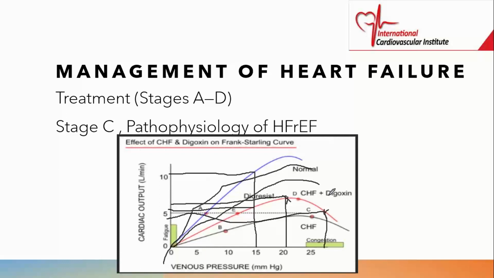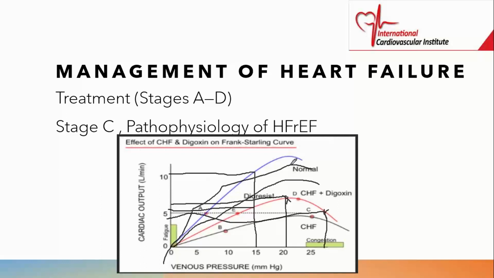So when we treat these patients with heart failure, the diuretics are only for symptom relief. They're going to move them from an unfavorable position on the Frank-Starling curve to a more favorable position. And then if we give them something that's going to increase contractility, we trace a new curve to the left of the failing curve. And if we give them an afterload reducing agent, then we also get a curve closer to the normal curve with much more favorable hemodynamics.